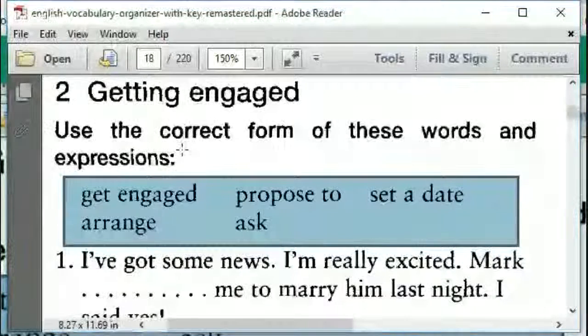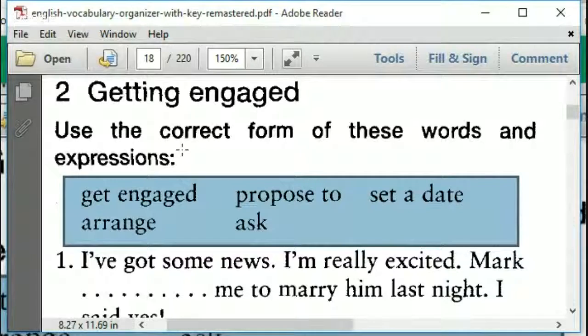Okay. All right. We're going to be learning vocabulary today related to marriage and weddings. So, Mustafa, you're still a single guy, right? I'm a single guy. Yeah. Just in case you end up marrying an English speaker.